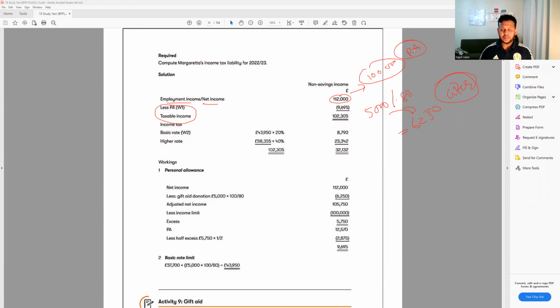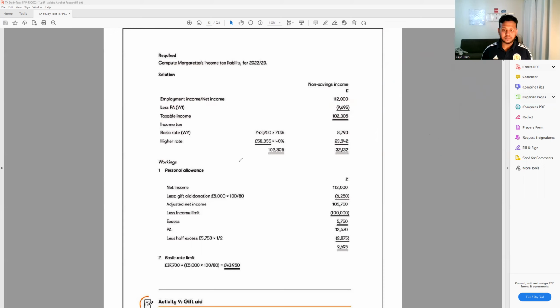Normally, from the 112,000 we minus 100,000, which gives 12,000 extra, and we divide it by 2. The 6,000 we minus from the personal allowance. Normally the personal allowance is 12,570, and we minus the 6,000 because of the excess, which gives the remaining personal allowance. But we're not going to do it here because she has some gift aid, so that will change my adjusted net income.